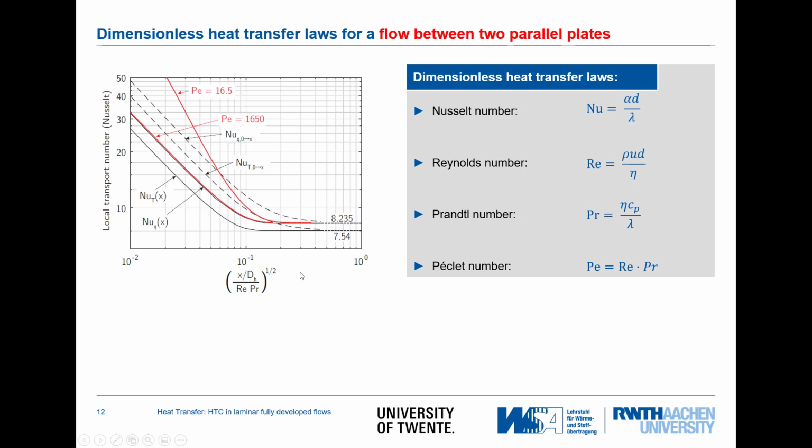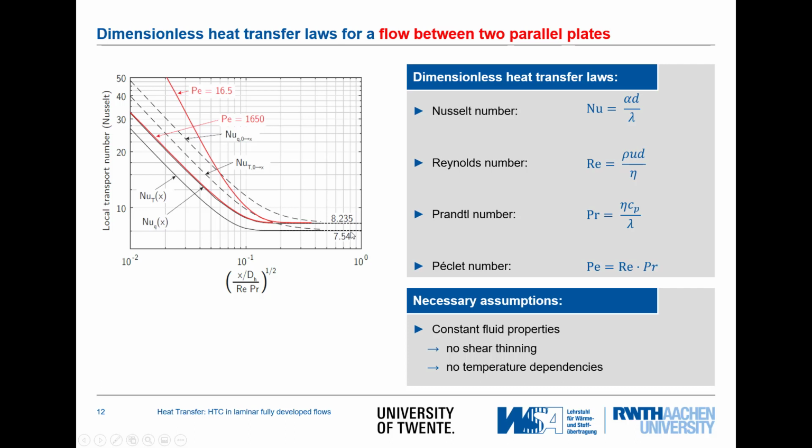Now, we have seen that we can calculate the heat transfer coefficient for a case with a constant heat flux, and there is a mathematical solution if we have an explicit solution for the velocity profile.